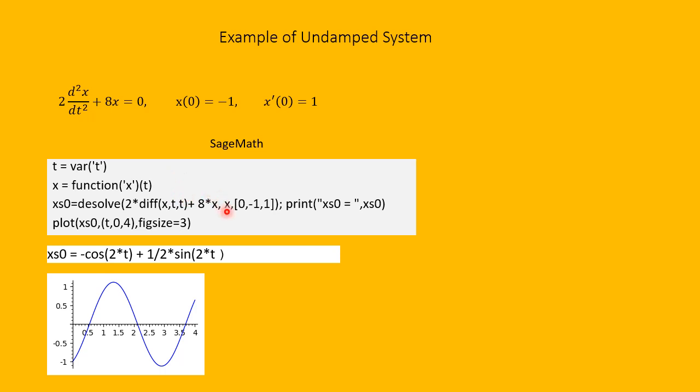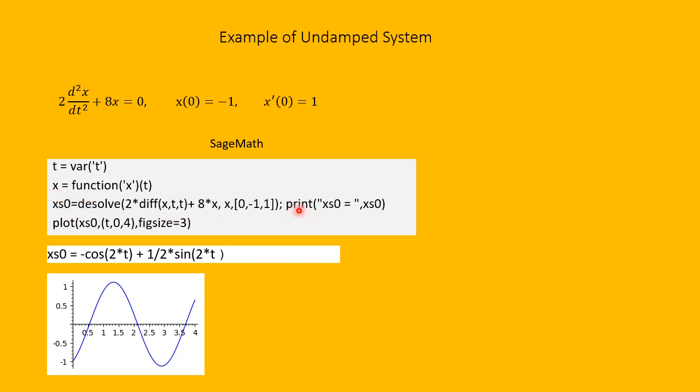We're solving for x. We're looking at initial conditions. x(0) is -1. x'(0) is 1. So the 0 here corresponds to the zeros we have up here, and then these numbers correspond to these initial values. And then after parentheses, semicolon, so our solution is stored in xs0.